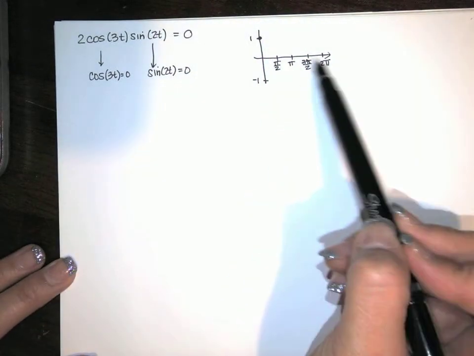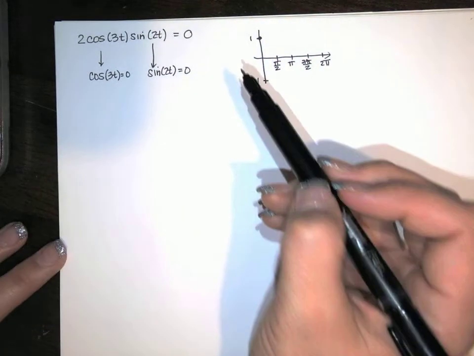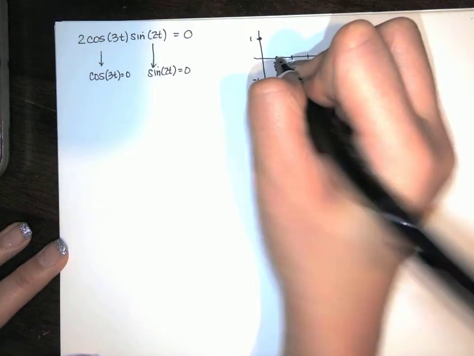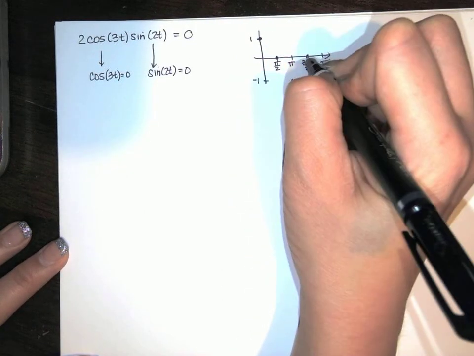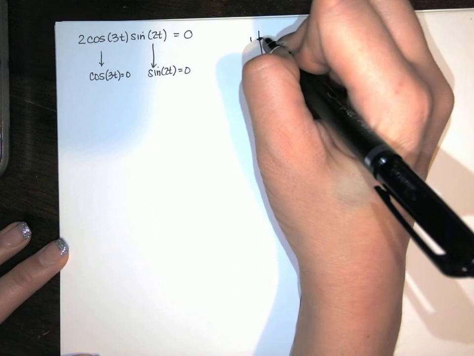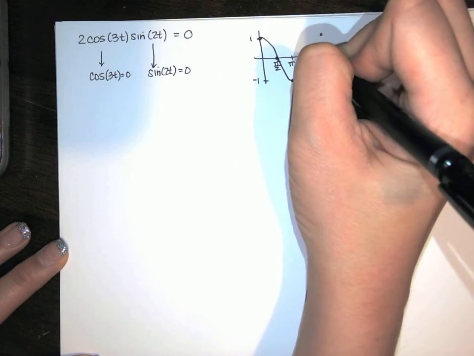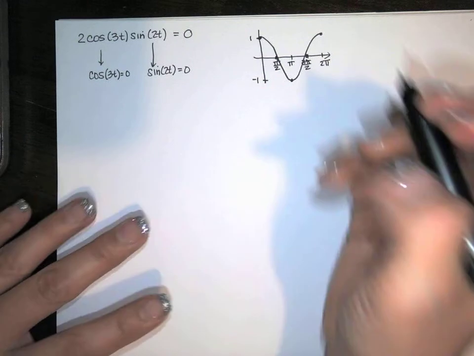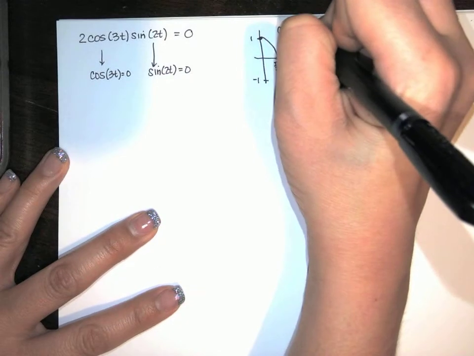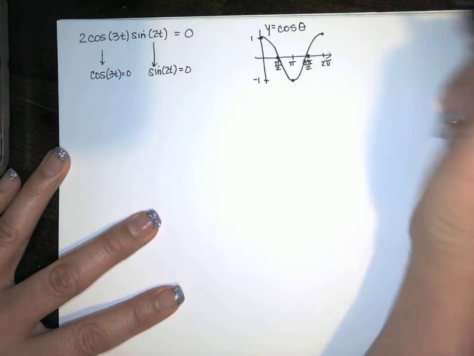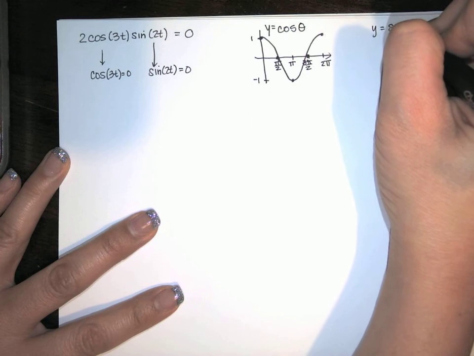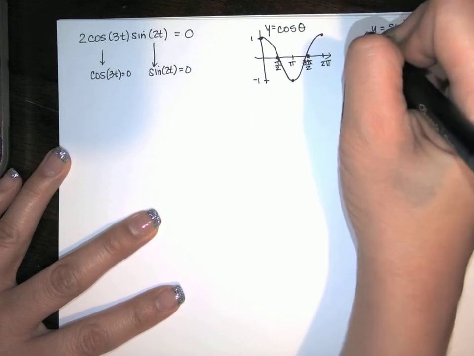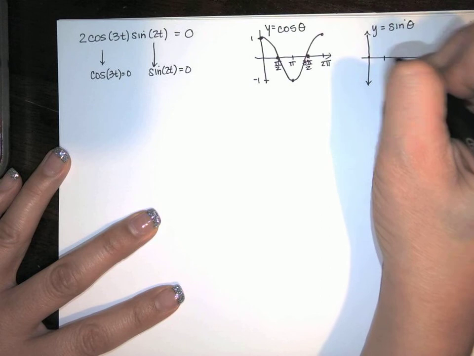But we're not going to look at the unit circle. Instead, we're going to let this be the angle that's going around the unit circle. And cosine starts at its max, and then it goes to 0, then it goes to its min, then it goes back to 0, then it goes back to its max, and it keeps repeating. And y equals sine of theta looks similar, but it doesn't start at its max, it starts at 0.